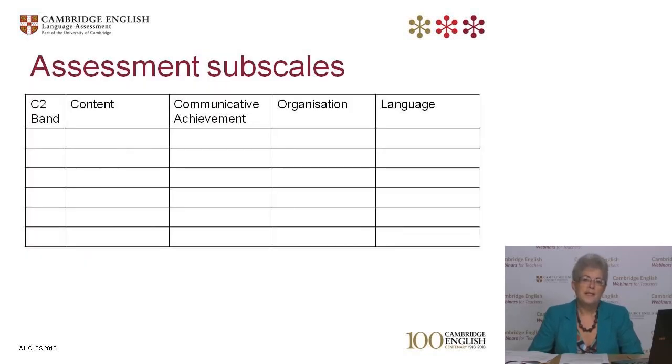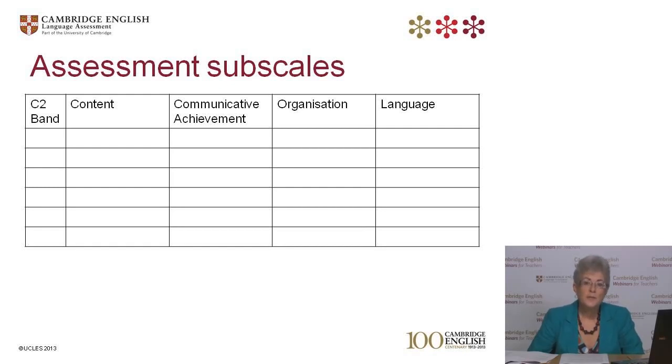So there are 4 assessment subscales for the Cambridge English General and Business English writing tests, and these are content, communicative achievement, organisation and language. Content focuses on how well the candidate has fulfilled the task. Have they done what they were asked to do?